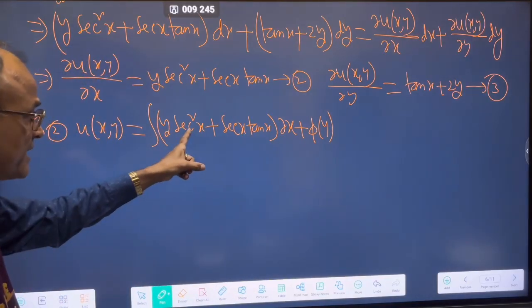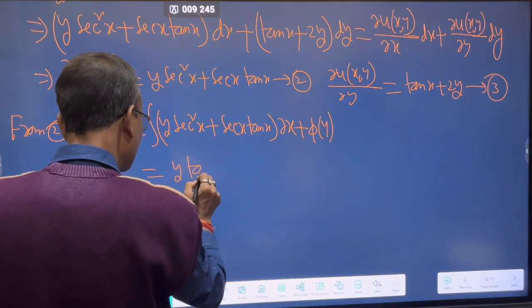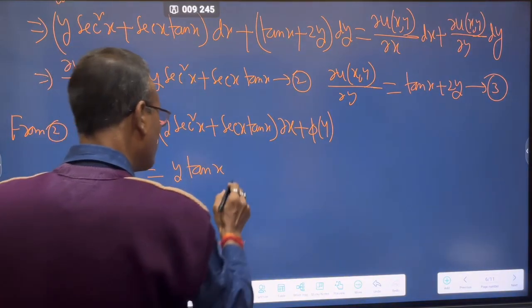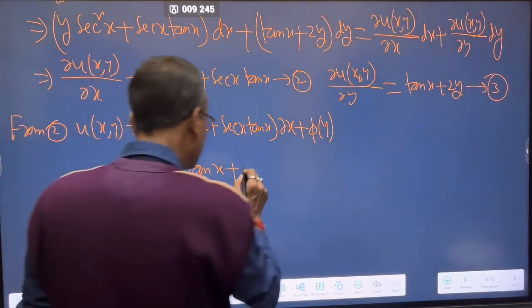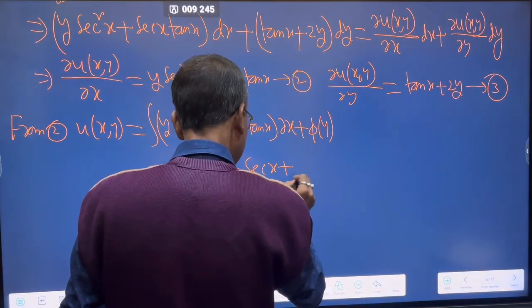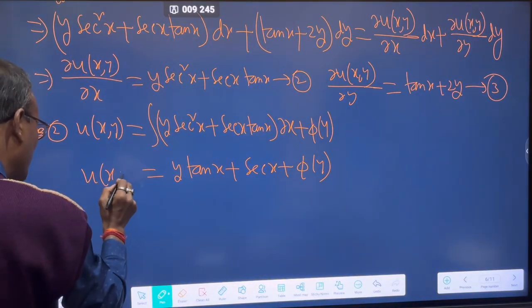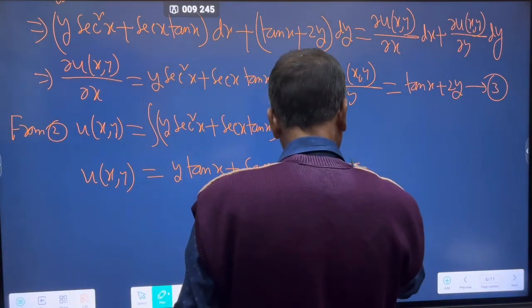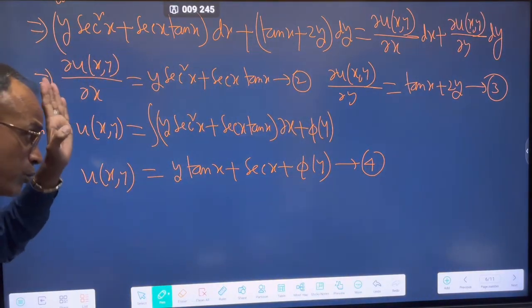Y is constant. Integration of sec square x is tan x, so y tan x, plus the integration of sec x tan x, which is sec x, plus phi of y. This is u of x, y equal to this. Suppose this is number 4.